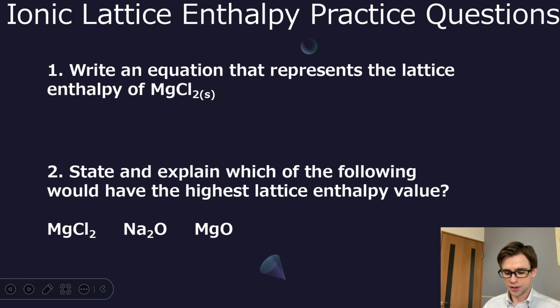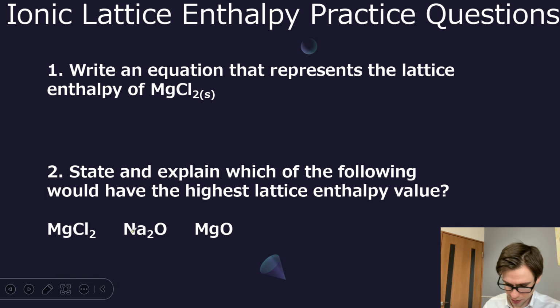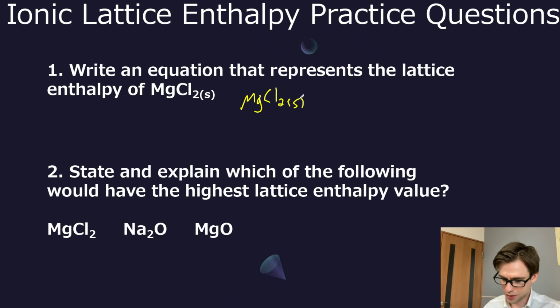So a little bit of practice here. Write an equation that represents the lattice enthalpy of MgCl2 solid. So we'll start with that. MgCl2 solid, that's our ionic solid compound. We'll input some energy. We will get Mg2+ gas now.